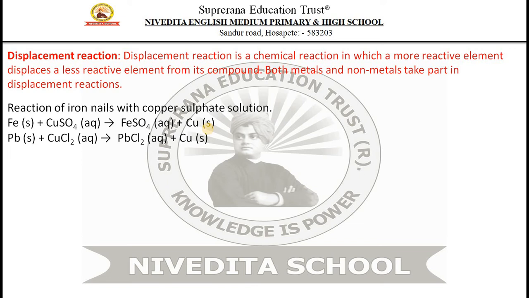At the same time, if you keep an iron nail outside for 2 or 3 weeks under moist conditions, it gets rust. These are the reactivity series of elements you will be learning in the chapter on metals and non-metals. Again, lead, being more reactive than copper, can displace copper from its chloride solution and forms lead chloride and copper metal.